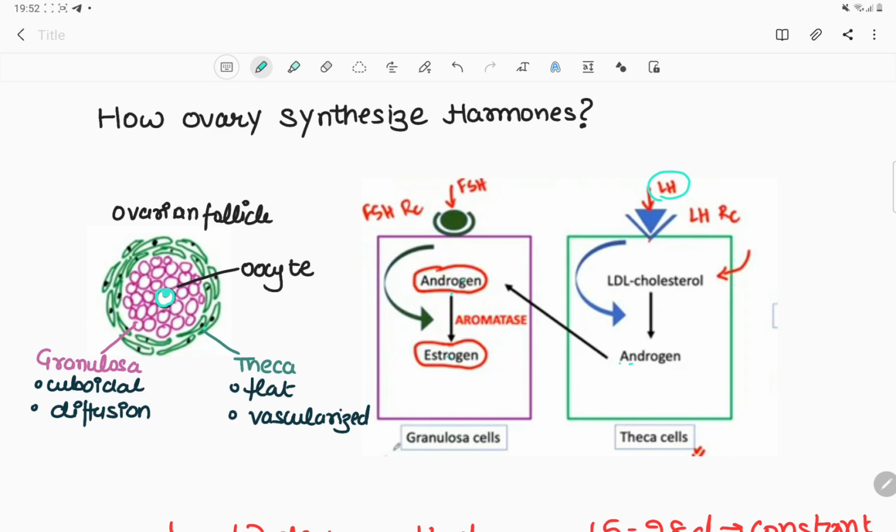Theca cells have LH receptor on their surface, and when LH binds with the LH receptor, LDL cholesterol gets converted into androgen. And this androgen goes to granulosa cells, and when FSH binds with the FSH receptor on the granulosa cell, this androgen gets converted into estrogen via the enzyme aromatase.